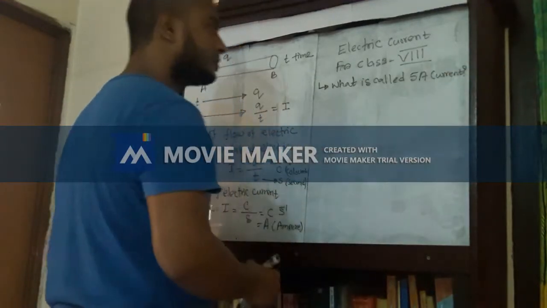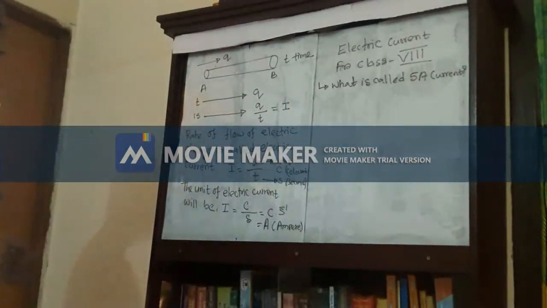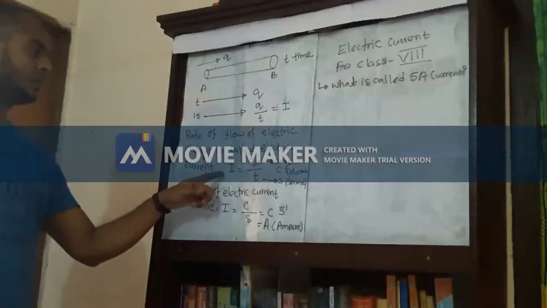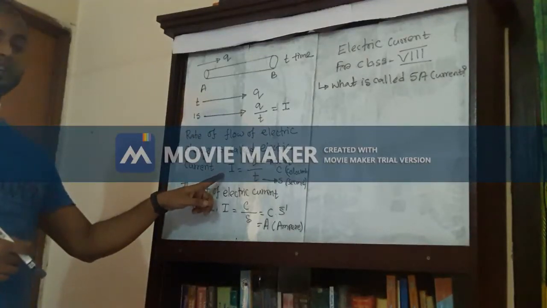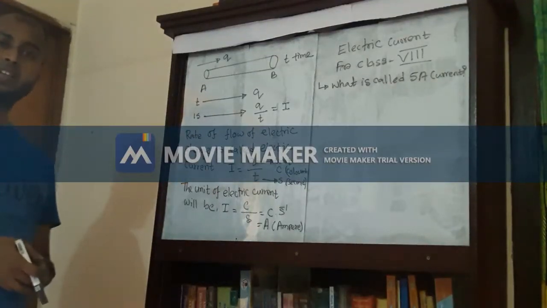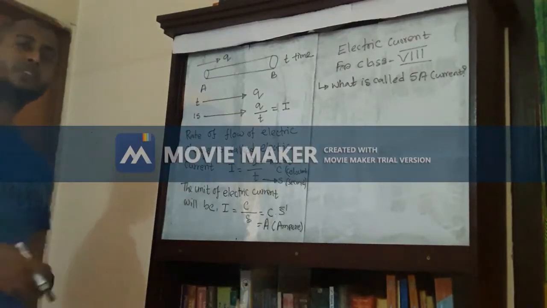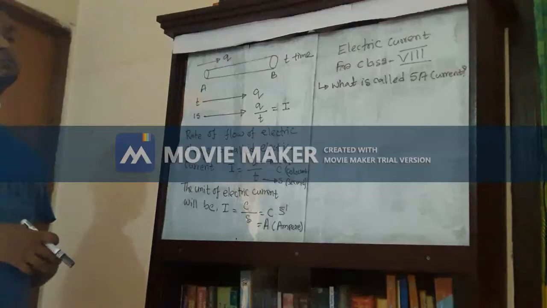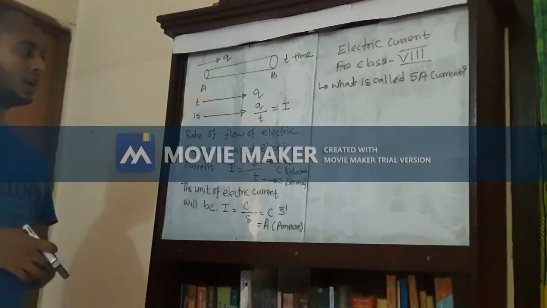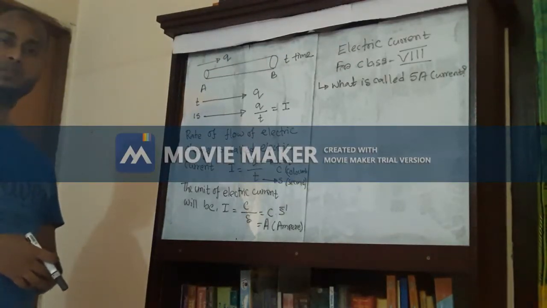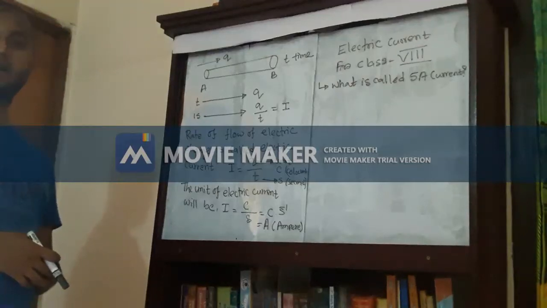Boys and girls, I can say that current I will equal to Q divided by T. Q is electrical charge and T is time. And the division format of this Q by T will equal to 5 ampere.